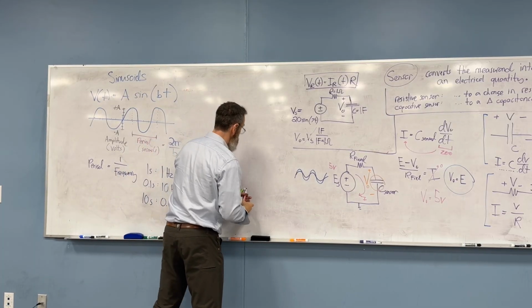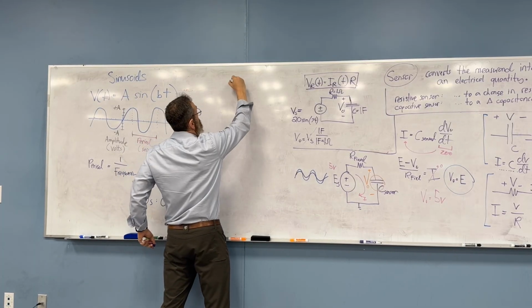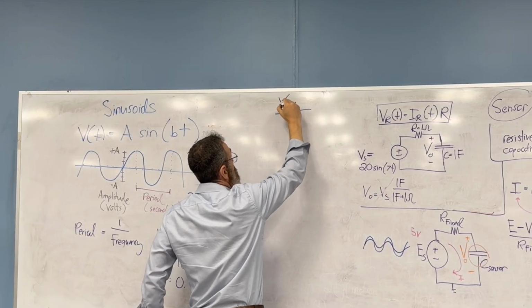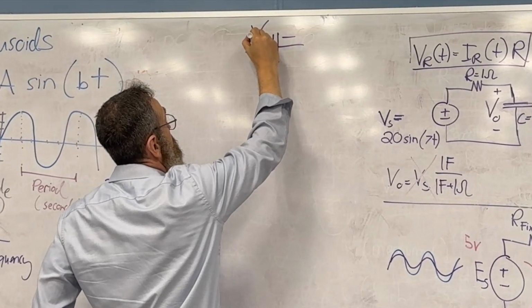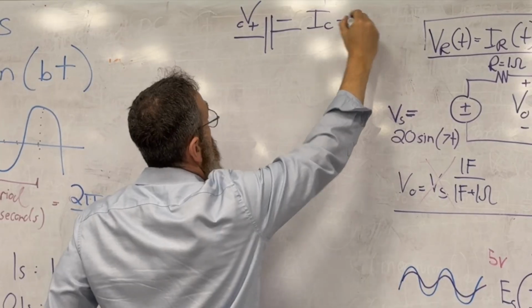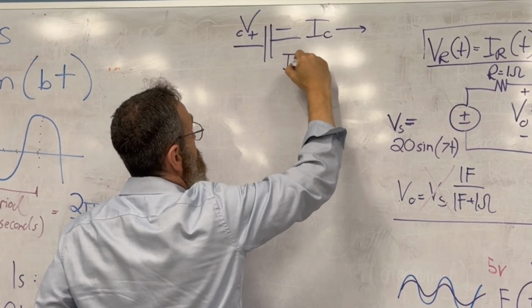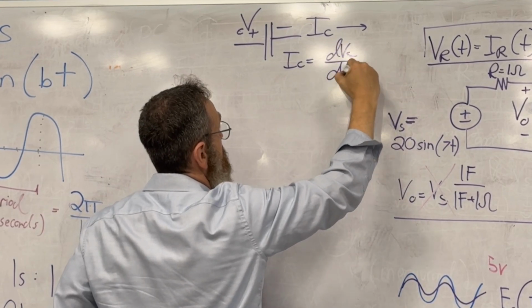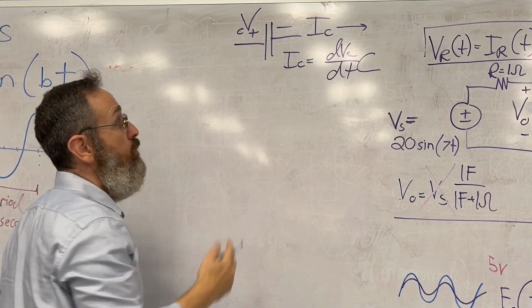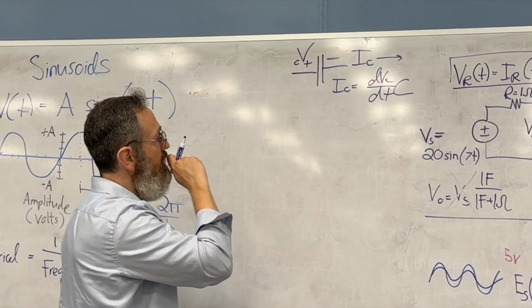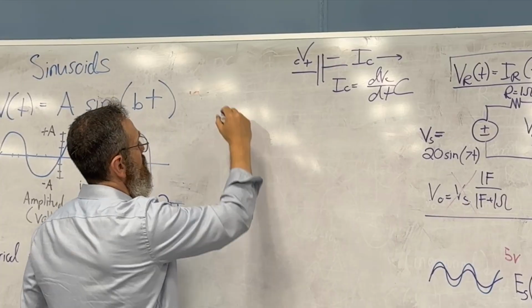Let's go back to our capacitor. We have a voltage across the capacitor, I'll call it V sub C, and we have a current through our capacitor. And we know that I sub C is equal to C dV sub C over dt. That is the equation. Let's think about it.